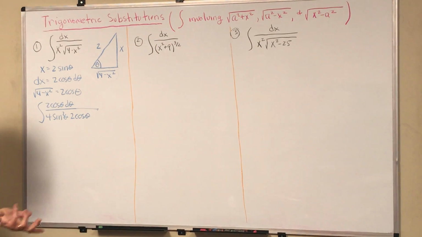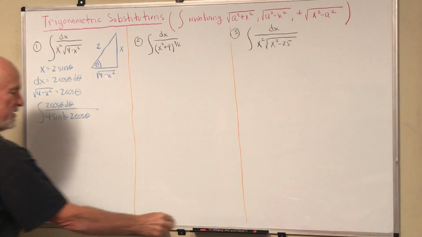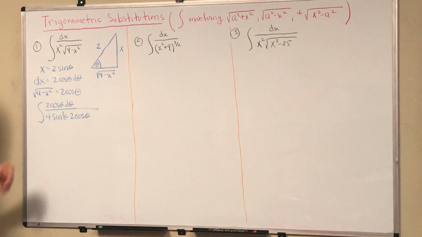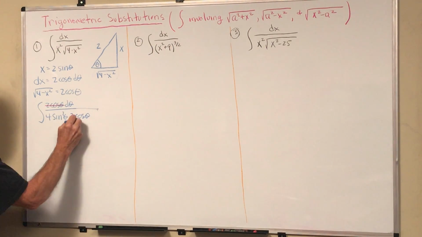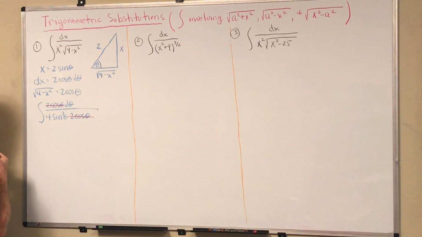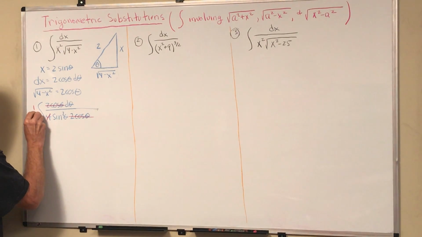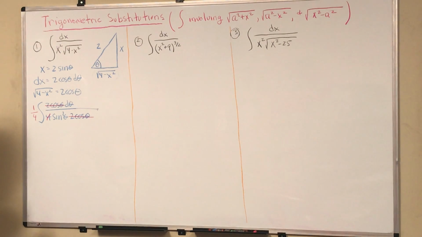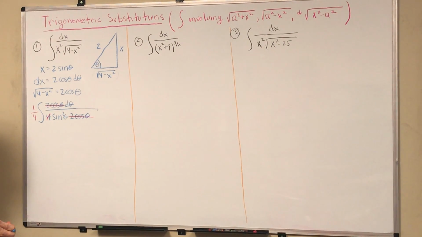We just have to hope that this is better than what we started with. Hopefully, and often this is the case, we get some cancellation. So you can cancel the 2 cosines of theta. You can take the 4 out front as 1/4, and you're left with d theta over sine squared theta.